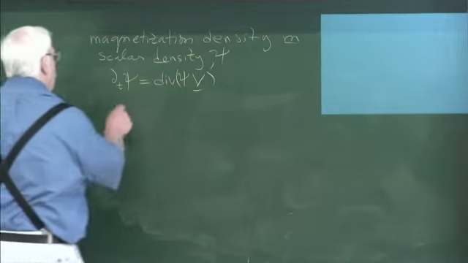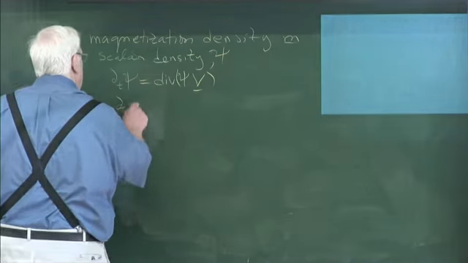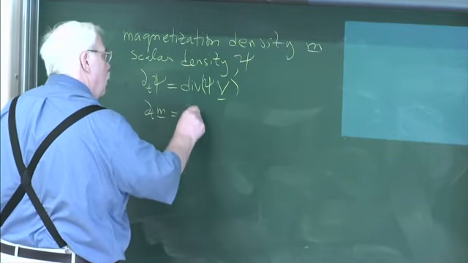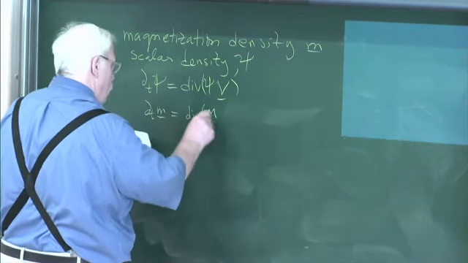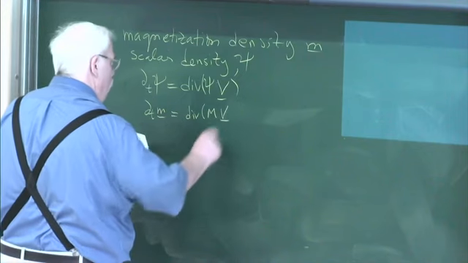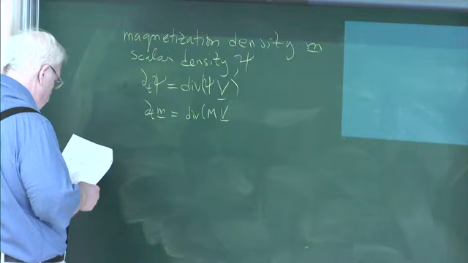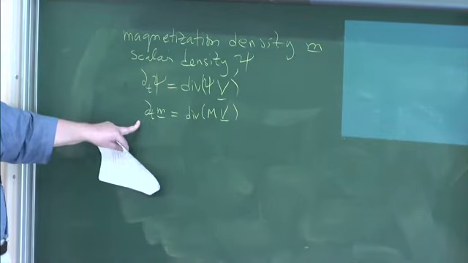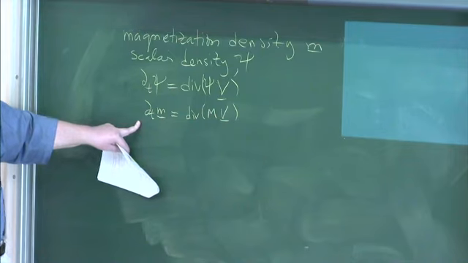The other equation is d by dt of m is equal to divergence of m v, each component of m. So far, so good. We don't know yet what v is, but we can handle this.